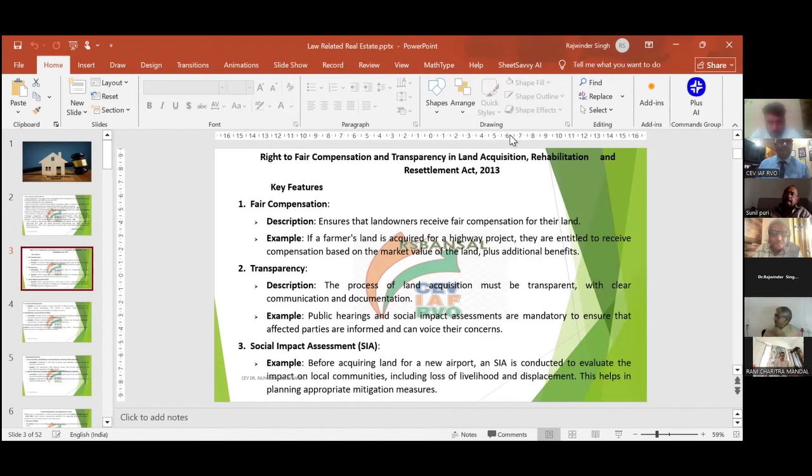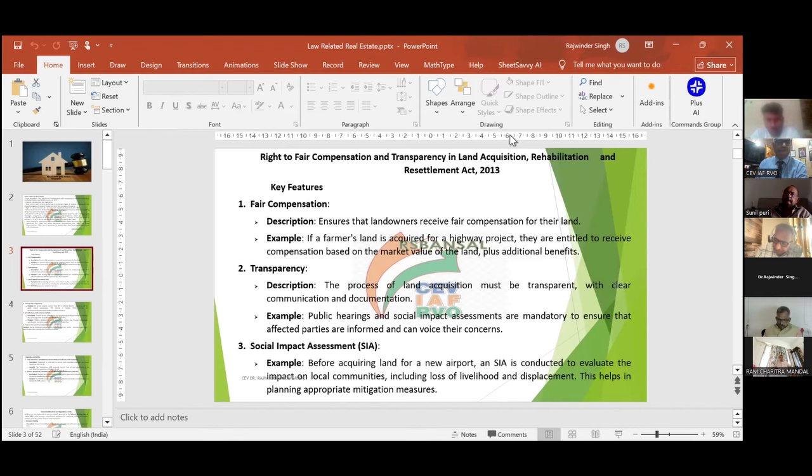So, for example, before acquiring land for a new airport, an SIA, that means social impact assessment, is conducted to evaluate the impact on local communities, including loss of livelihood and displacement.